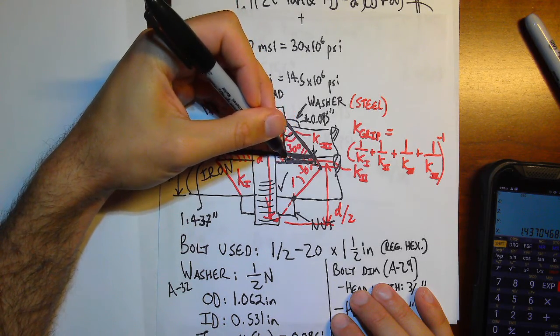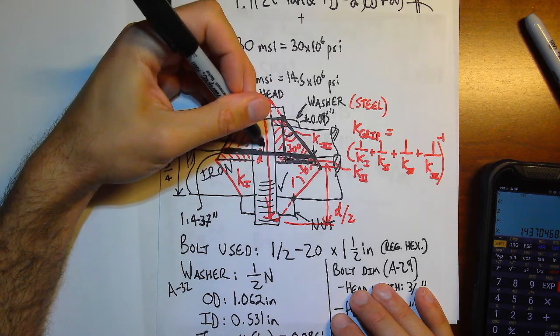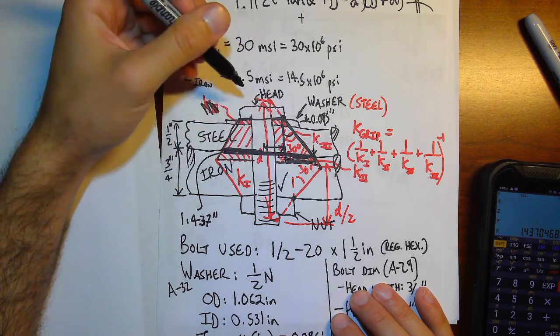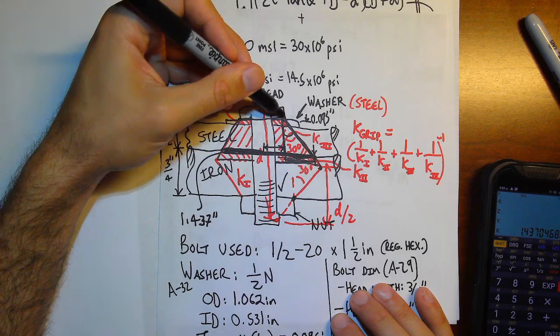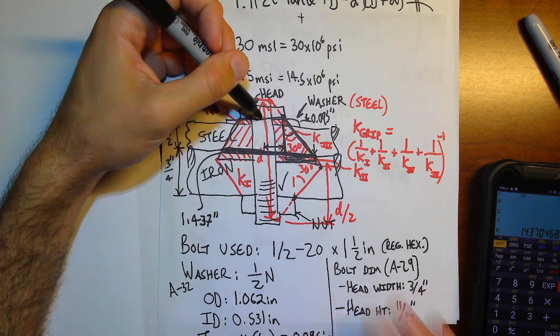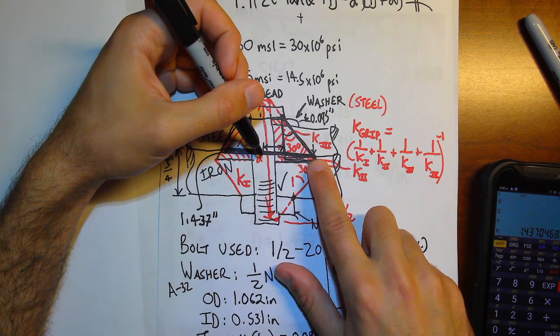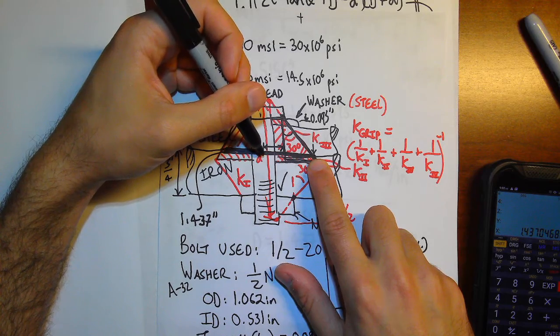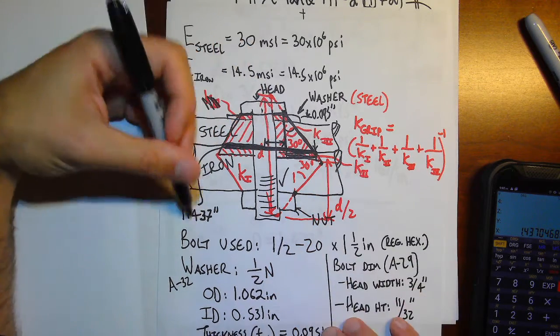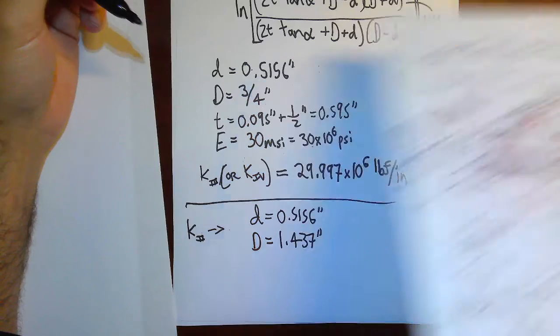Then I can add that onto this radius, the distance from the edge of my bolt head to the center of the hole, and find out the radius of the point where my frustum starts. I can multiply that by 2, and that gets me 1.437 inches.